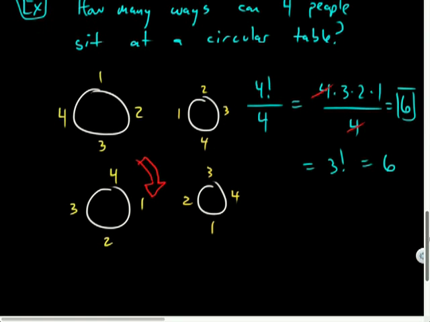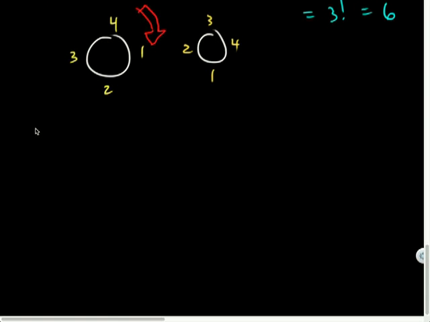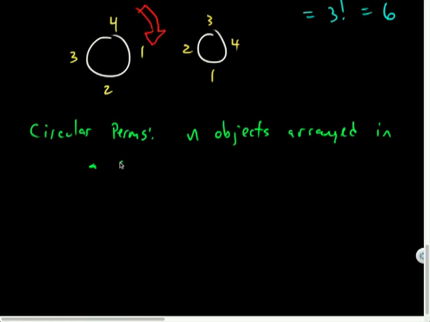So it turns out for circular permutations, if I have n objects arranged in a circle, the number of permutations is the following.